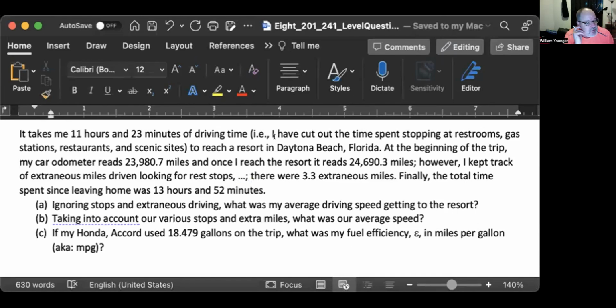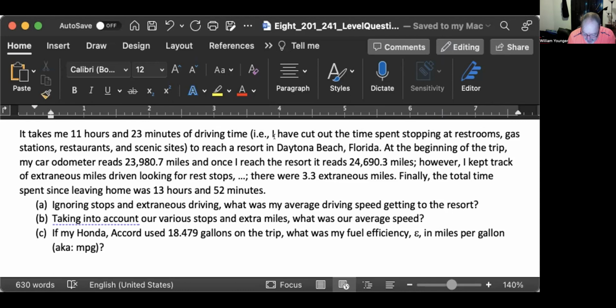That's one figure. I also have odometer readings. I'm writing them again now. You might want to do the same thing. Take time to write down these figures so you can work them out. Odometer readings. The first one was 23,980.7 miles.